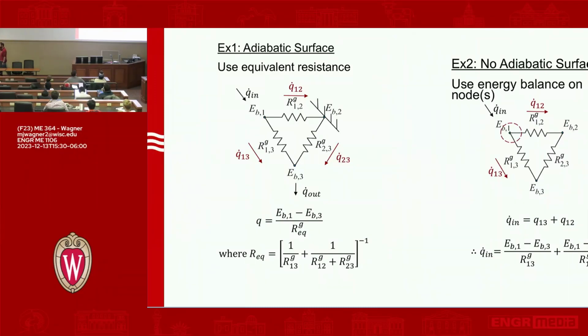It's not that you'd always do this equivalent resistance, right? This is for the specific problem we're trying to solve. So be thoughtful about how you set up the problem. Think about what you're trying to do in the end, and write the equations that correspond to that, as opposed to just regurgitating what you see here on the slide.